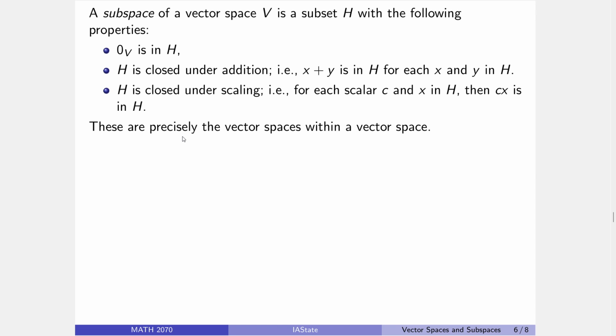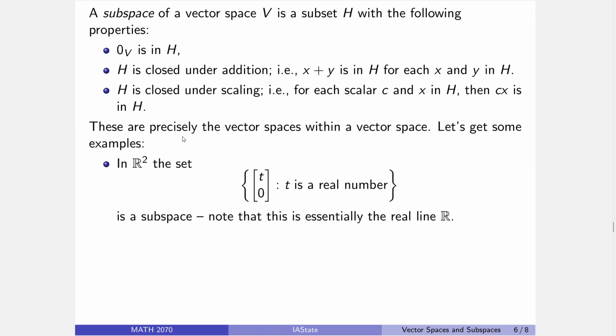so a way of thinking about subspaces is that these are precisely the vector spaces within vector spaces. And these are pretty naturally occurring, and let's start with some kind of simple examples. We'll get more sophisticated in the next video and talk about some fundamental subspaces. But a good one to keep in mind, in R2, if you look at the collection of elements that have a real number up in the top and a 0 on the bottom, this counts as a subspace, right?